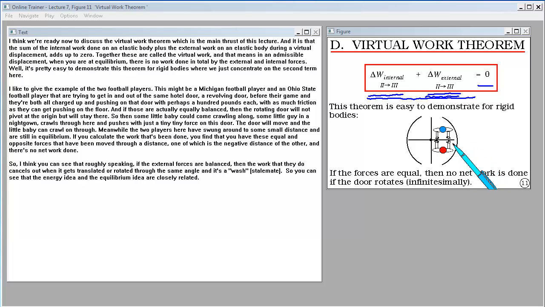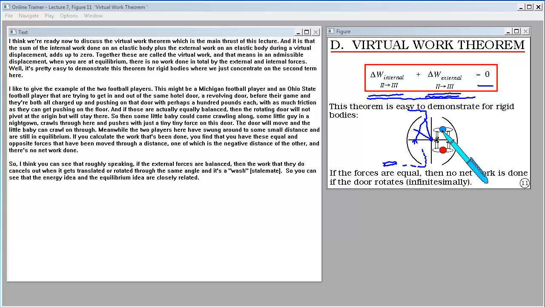And if those are actually equally balanced, then the rotating door will not pivot at the origin, but will stay there. So then some little baby could come crawling along, some little guy in a nightgown crawls through here, pushes with just a tiny, tiny force on this door. The door will move, and the little baby can crawl on through.